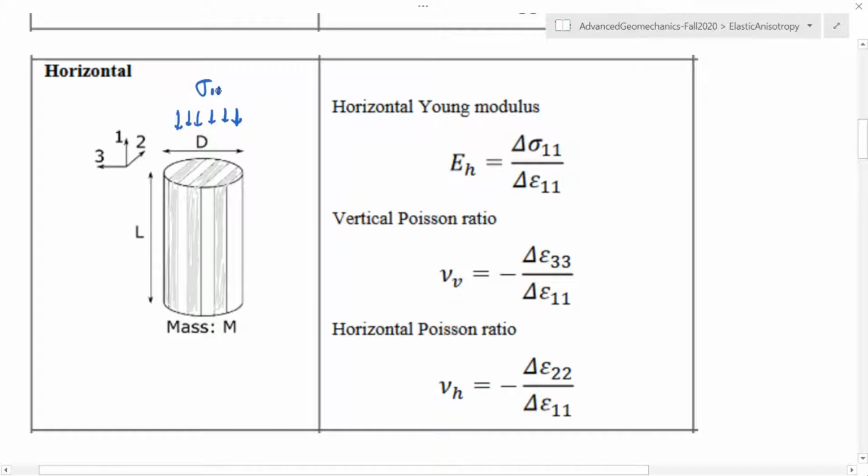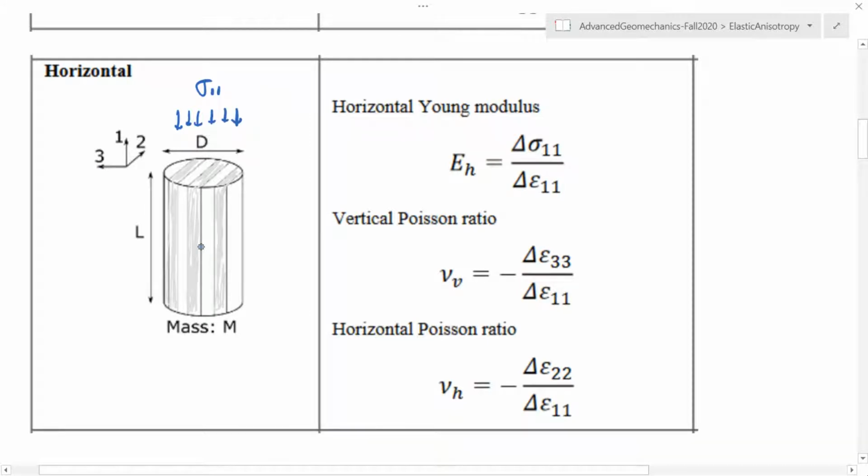And if I measure a shortening in direction 1, what I'm going to get is the horizontal Young modulus. I could do the same for the sample drilled in direction number 2, and I would obtain, because of the symmetry, the same horizontal Young modulus. And if I were to measure the expansion now in direction 2 and in direction 3, notice that it's not going to be the same, because of the anisotropy of the medium.